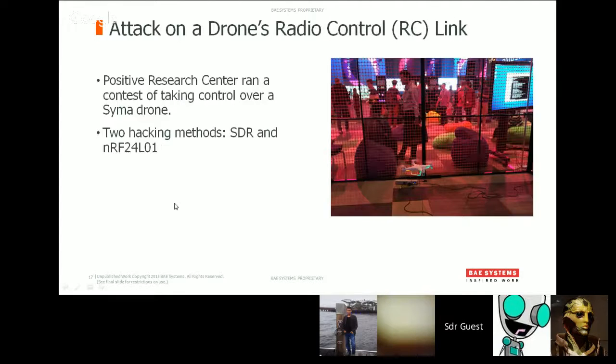Okay. So the first test was conducted on the drone's radio control link, and in that attack there was an assumption, as I said, that we know the PAN ID, so it was set to the manufacturer's default value, and that makes the attack easier.